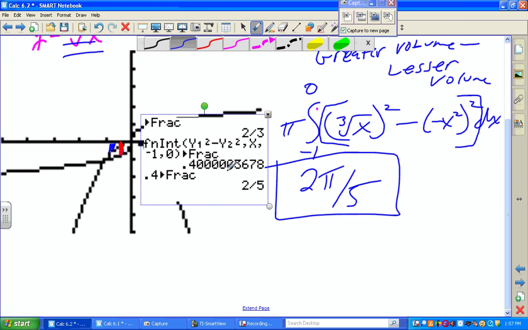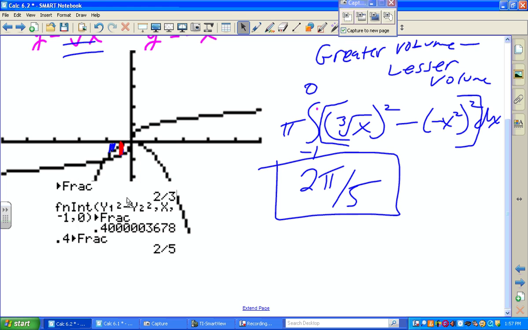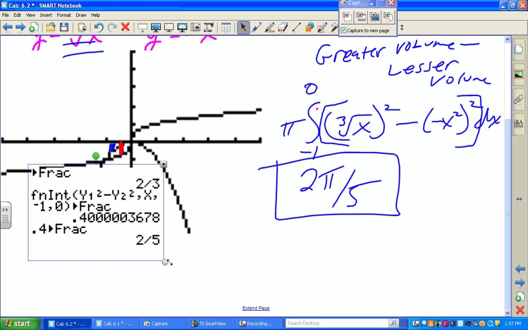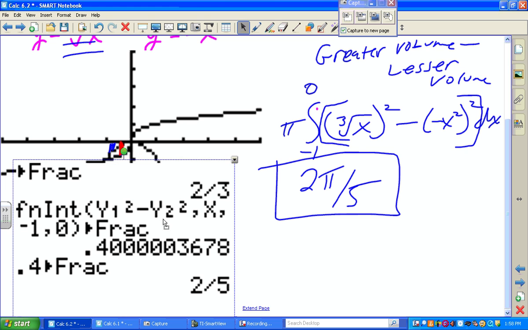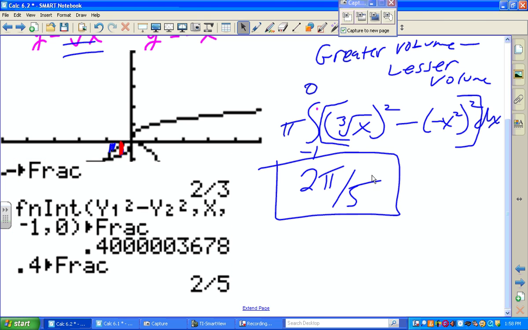Because you want to have a positive volume. Because the volume, if you square a negative number, is going to come out positive. Now, it changes with other lines, but we aren't there yet.